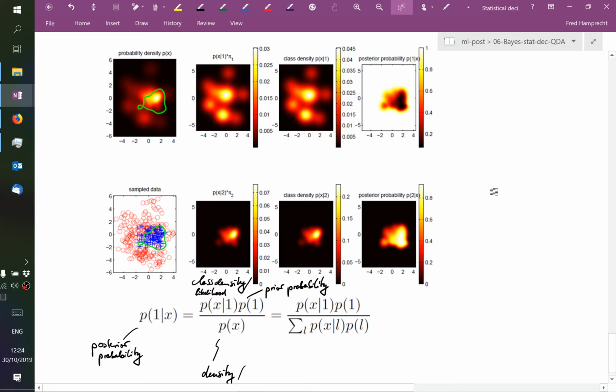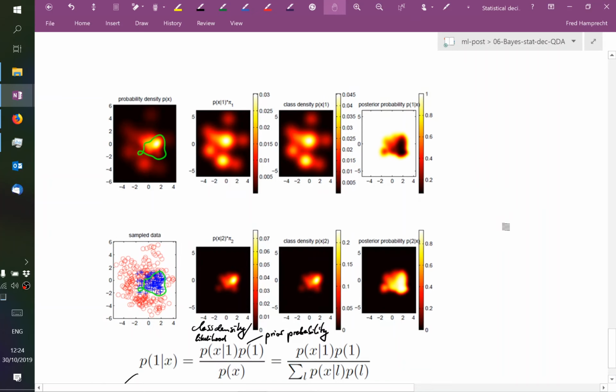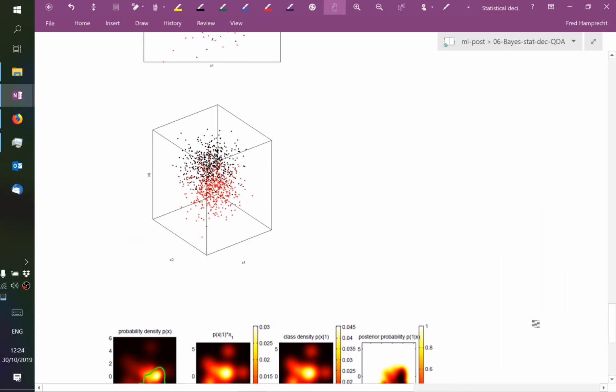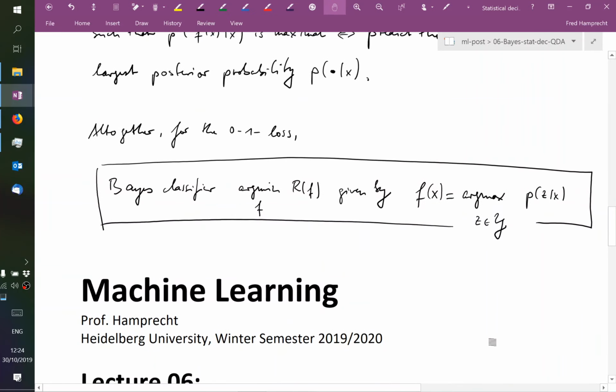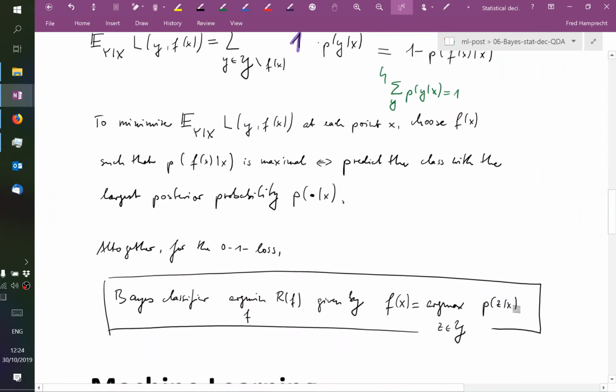And now, well, we want to get out a classifier. So we are going to find the threshold here. Remember the rule that we derived was that we always try to predict the class which has the largest posterior probability at that point in feature space.